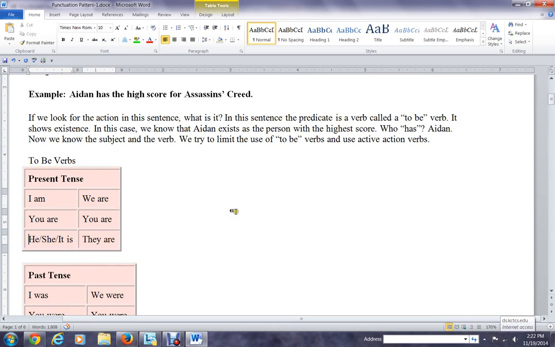This shows that you exist or something exists. Now we know the subject and verb. We try to limit the use of these to be verbs as much as we can, and we would rather use active verbs. So if we find that this is your verb, has, who has? Aiden. So here's your verb, has, and here's your subject, Aiden.